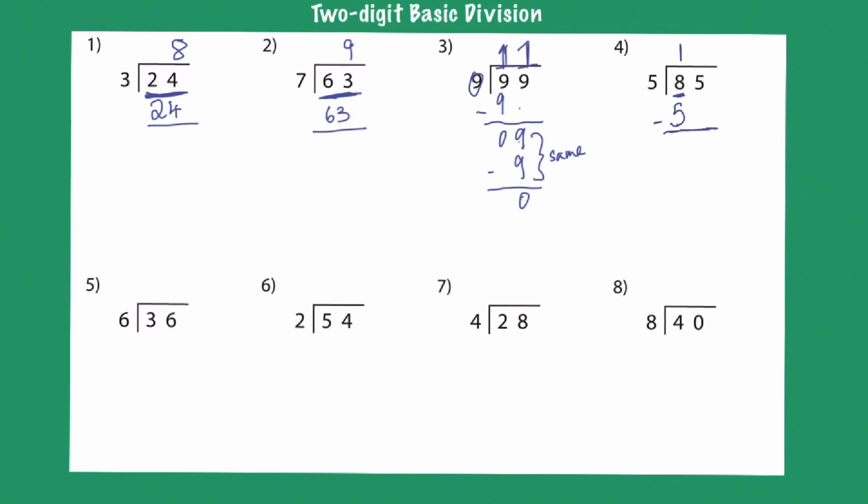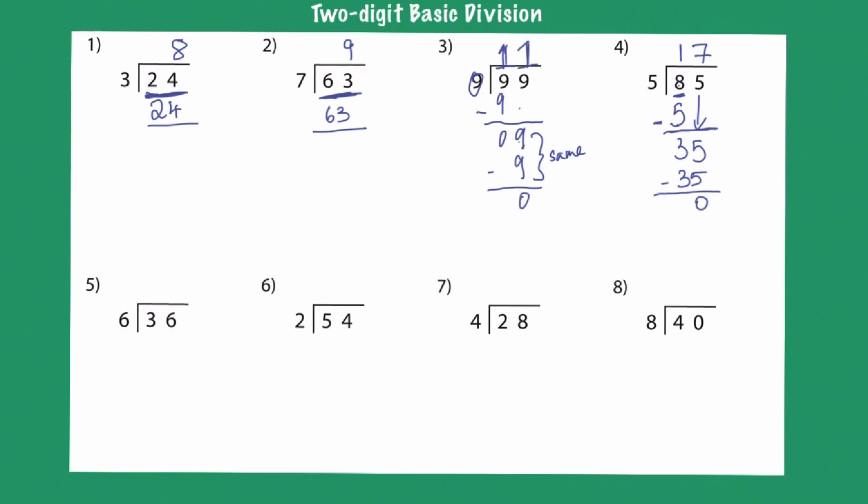Then you subtract 5 from the 8. 8 minus 5 gives me 3, and then I bring down this 5 here. 5 times what gives me 35? It does fit in exactly. 5 times 7 gives me 35. And when you do 35 minus 35, it gives you 0. So there is no remainder, and the actual answer is 17.